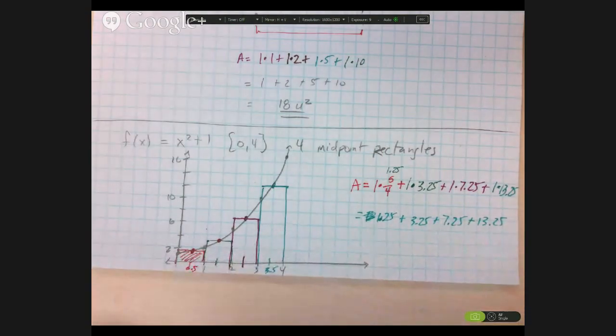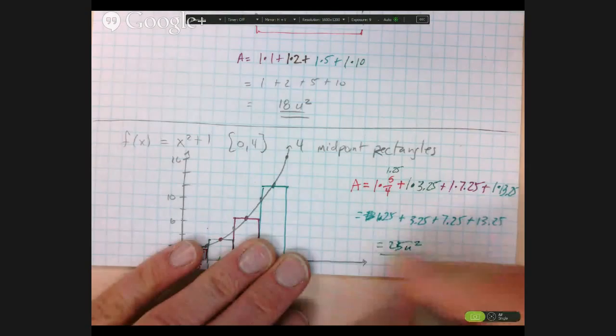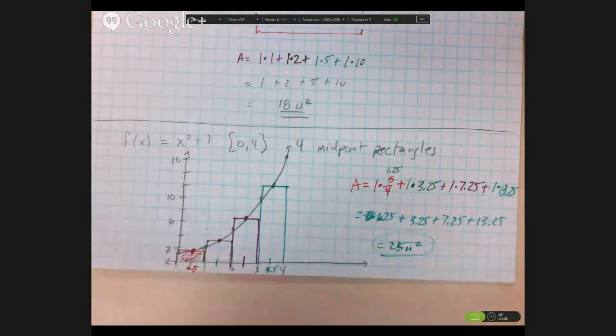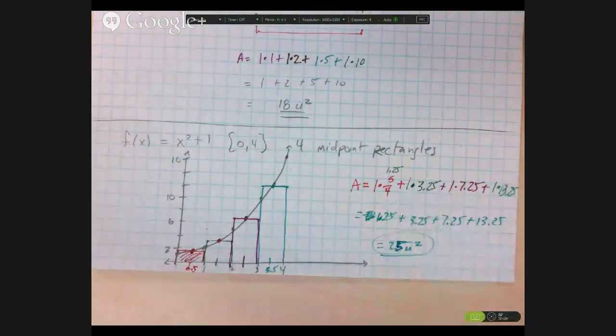Four. 25. Check my math there. 25. One, two, 11.